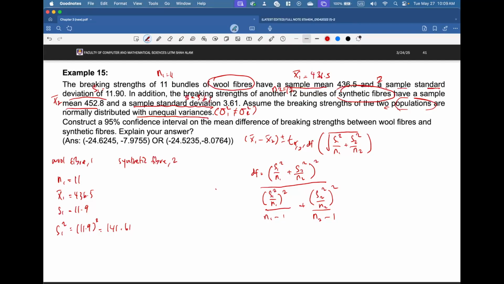Then synthetic fiber, the second group: N2 is 12, X bar 2 is 452.8, and S2 is 3.61. S2 square equals 3.61 squared, and you will get 13.0321.